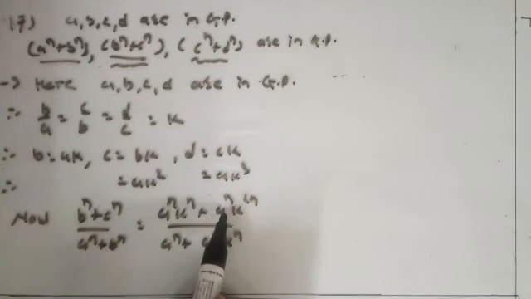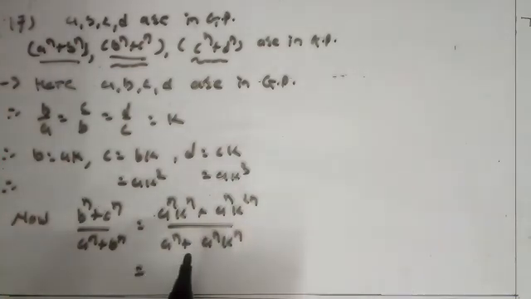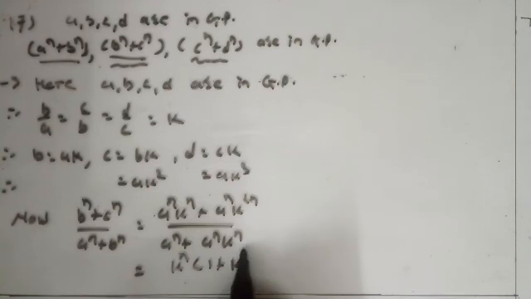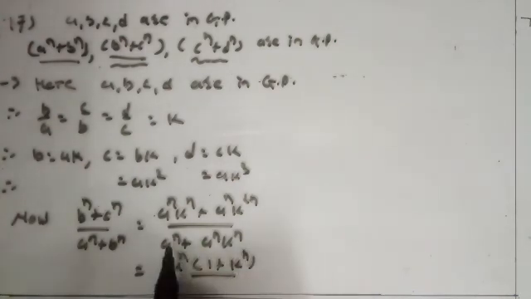Clear? A raised to n cancels from both, so we get k raised to n common, and in the bracket the remaining terms 1 plus k raised to n upon 1 plus k raised to n, which is equal to k raised to n.